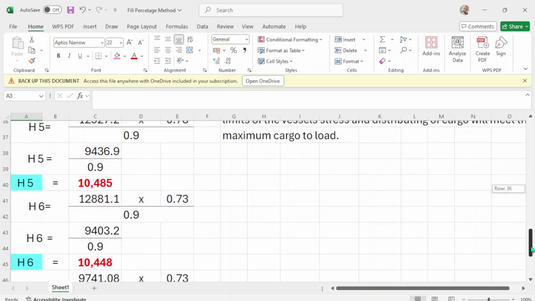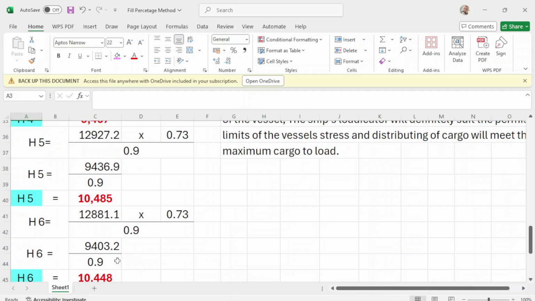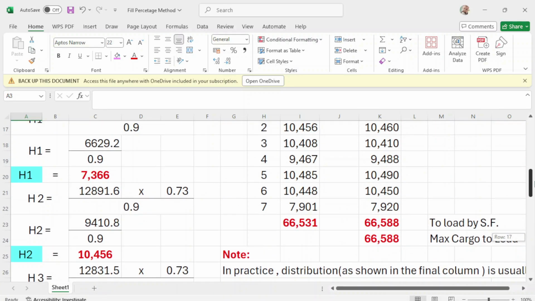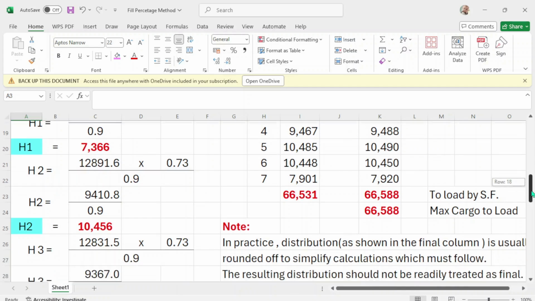Number 6 would be the hold capacity of number 6, 1288.1, multiplied with your percentage of 0.73 over your storage factor of 0.9. The value will be 10448. Then we go to hold number 7.